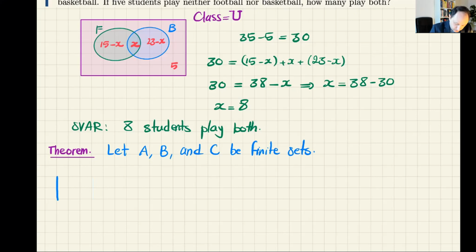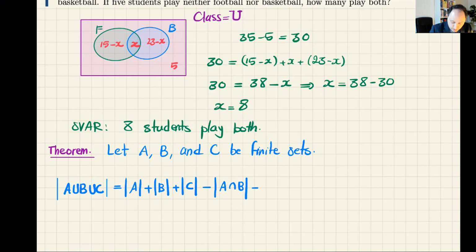The cardinality of the union of these 3 sets is equal to, the formula is a little bit more complicated, the cardinality of the first one plus the cardinality of the second one plus the cardinality of the third one, but minus the cardinality of mutual intersections, meaning A intersection B, minus the intersection of A and C, minus the intersection of B and C, and then finally plus the cardinality of the intersection of all of them.